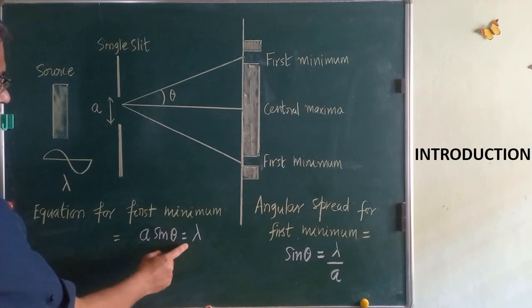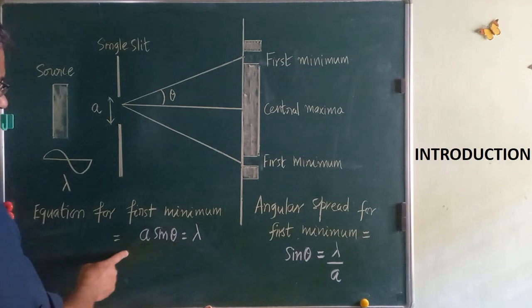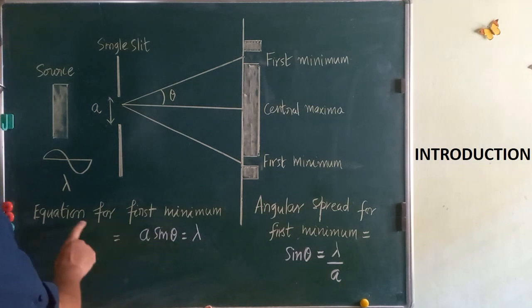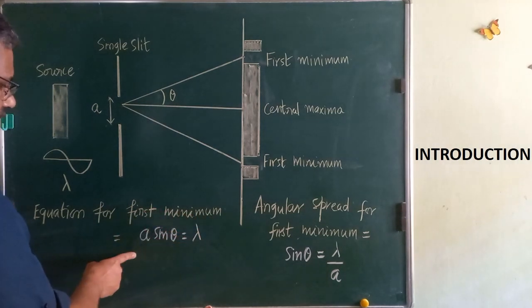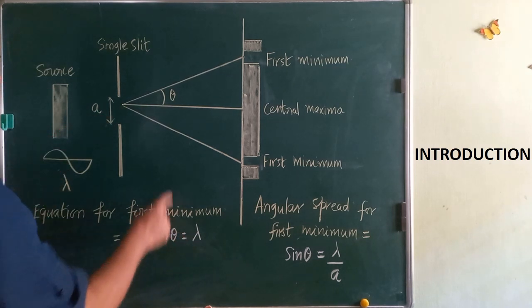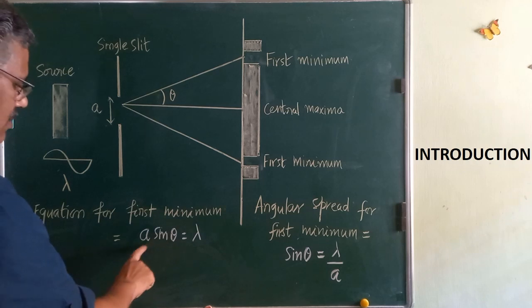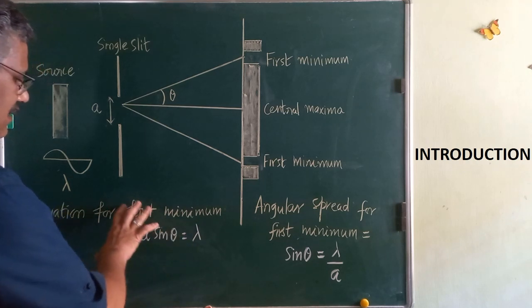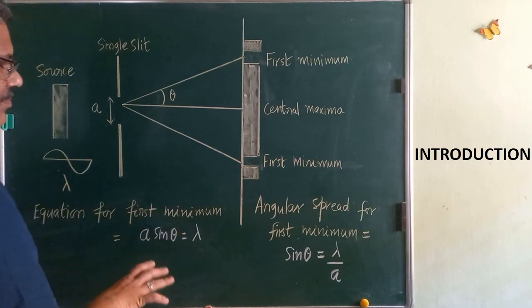So a sin theta is equal to lambda. This is a very important equation, also called the equation for the first minimum. Here a is the width, lambda is the wavelength, and theta is the angular spread. So first you have to write this expression while starting the answer.